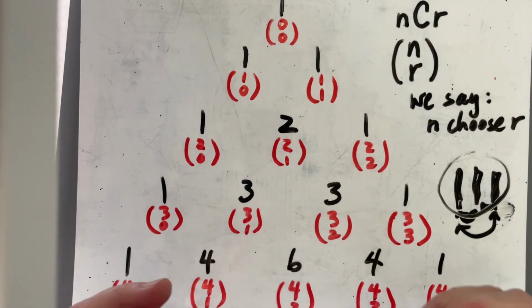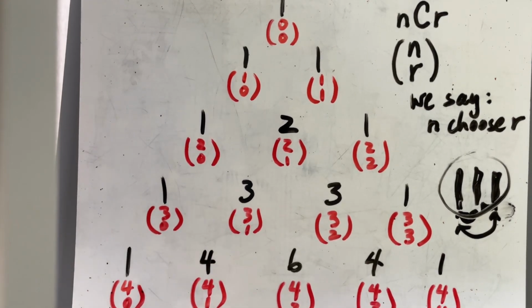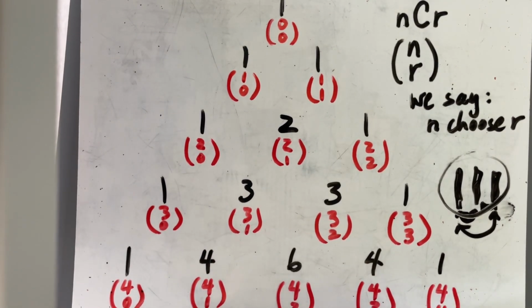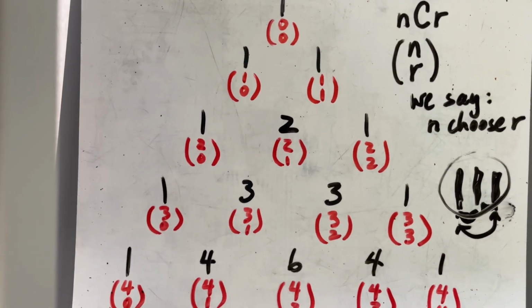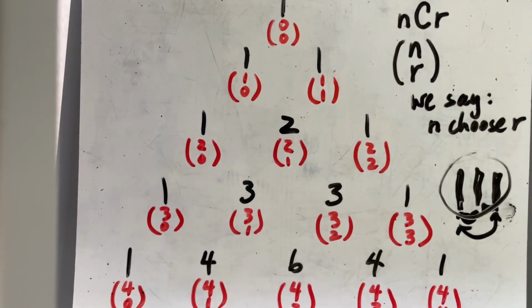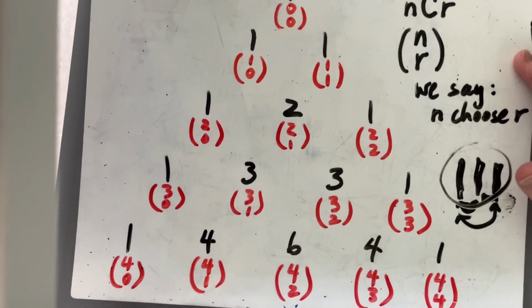Okay, so Pascal's triangle is one way of figuring out what the n choose r number is. We don't want to be doing this with giant numbers though, do we? Because we don't want to keep on continuing making that Pascal's triangle down to row 20. Too many chances of making an error. So we have 2 other methods of figuring out what the n choose r values are.